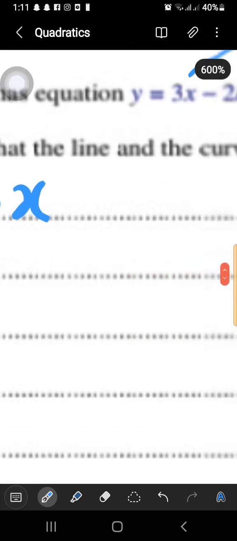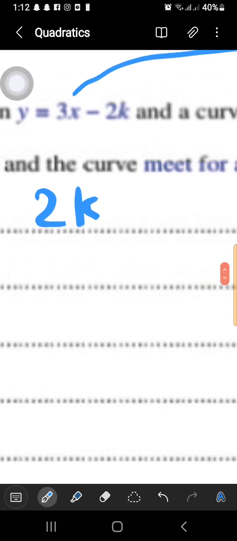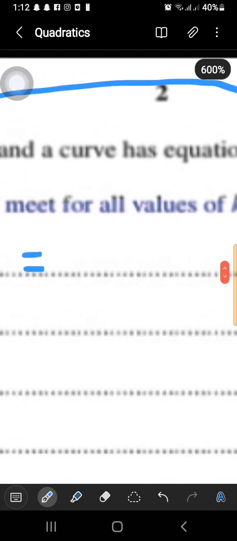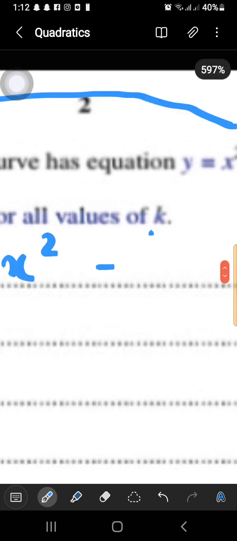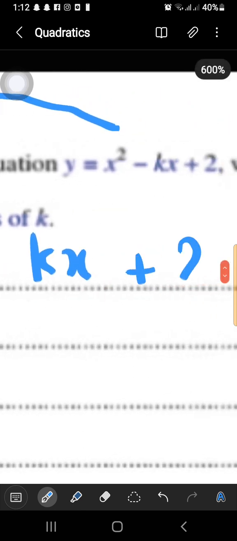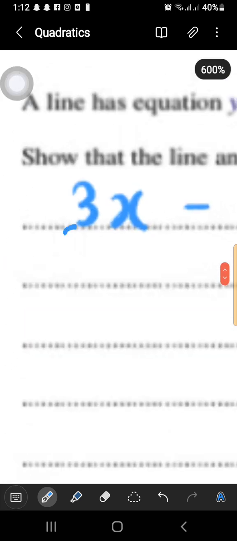3x minus 2k is equal to x square minus kx plus 2. Let's write it here.